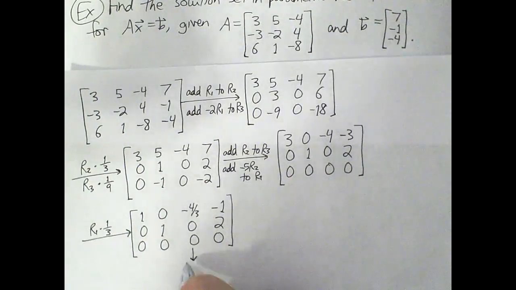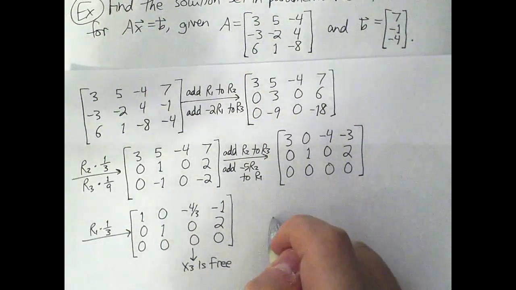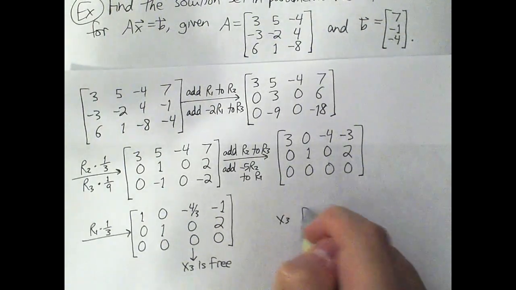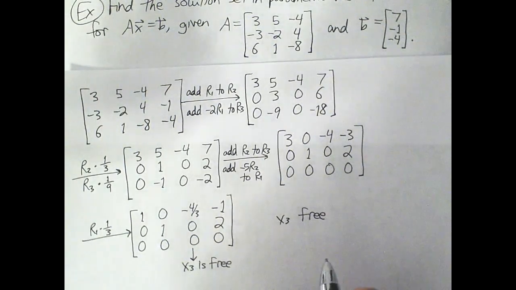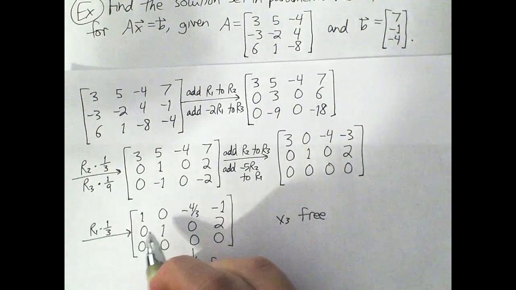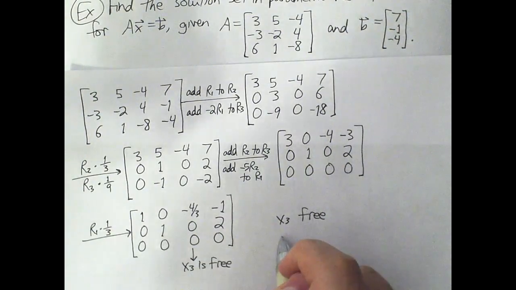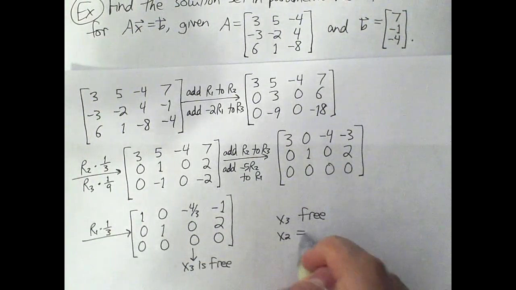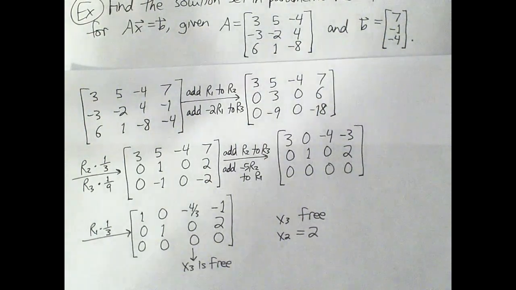From this, I can tell that x3 is free. Let's try to figure out what the solution set is. So over here, I'm going to say x3 free. Let's work our way up and ask, what does row 2 say? Row 2 says x2 equals 2. Can you see that?